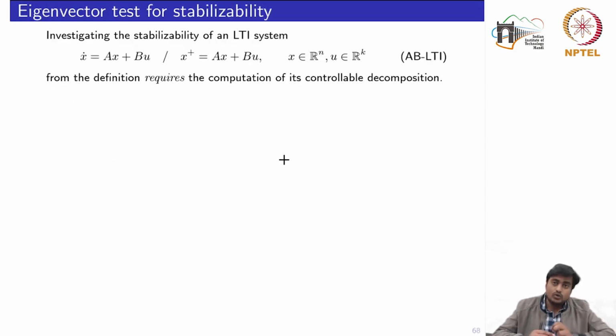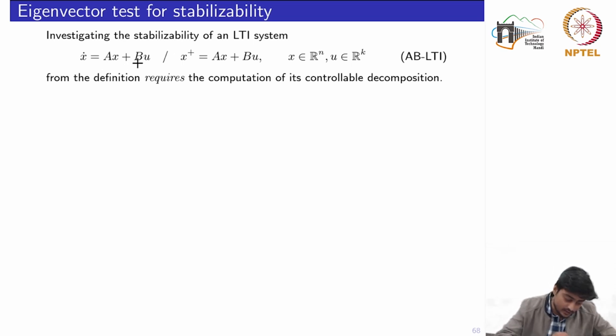If we do not want to do these two steps, we are now interested in computing directly whether the system is stabilizable or not. Okay, so these three tests which we spoke about in the outline ensure that without even decomposition we can carry forward those tests for the stabilizability.